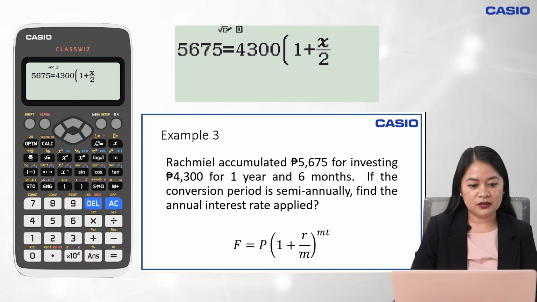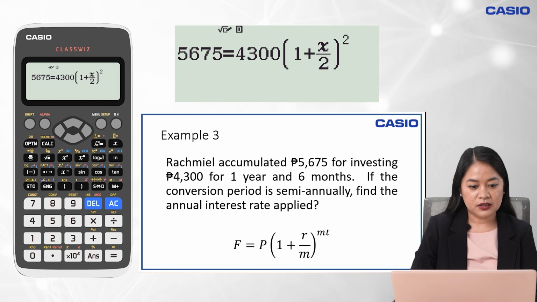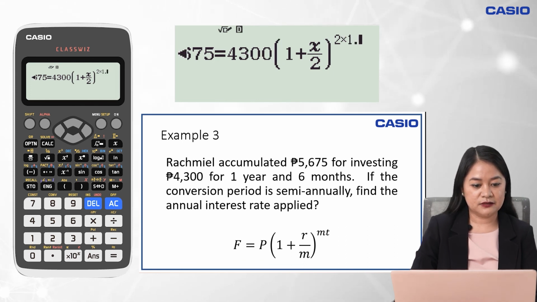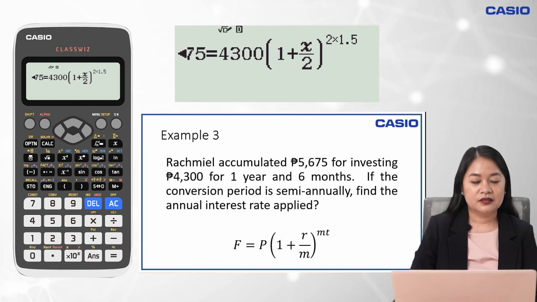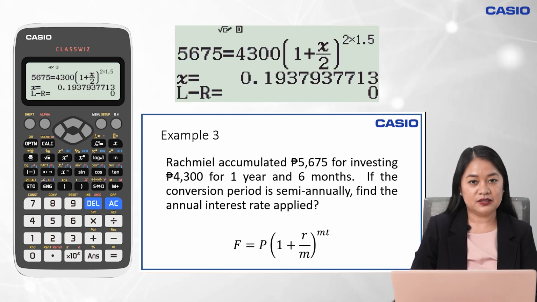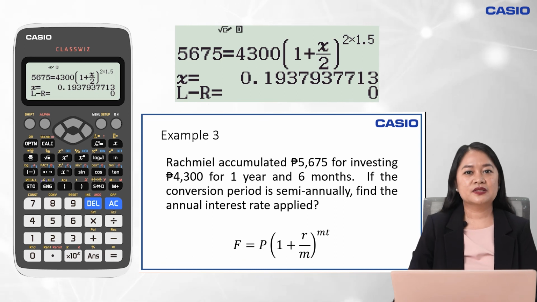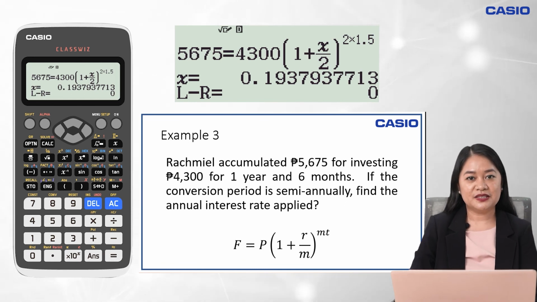Right arrow key, close parentheses, exponent key, 2 multiplied by the time, 1.5 years. So given this equation, we press Shift, Calc, and then equal sign. So it means the annual interest rate is approximately 19.38%.